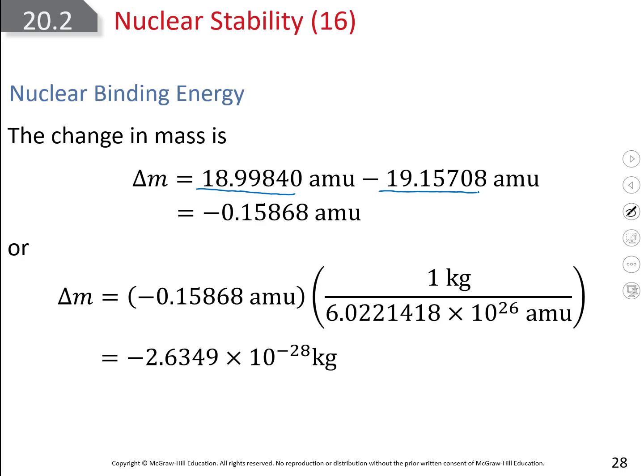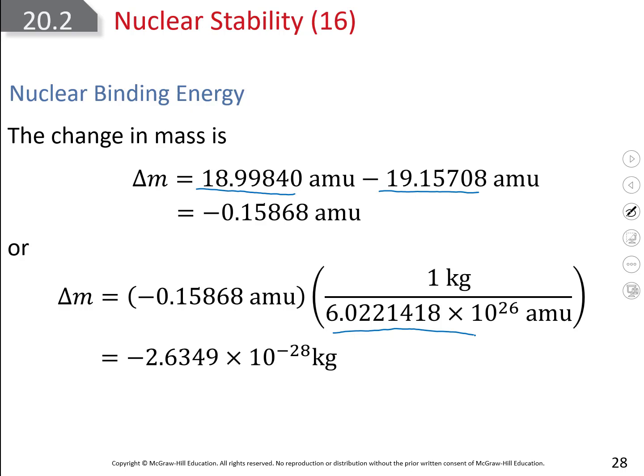We need to convert atomic mass units to kilograms because we need these things in SI units. There are 6.022 times 10 to the 23rd, or Avogadro's number, atomic mass units per gram. To go from grams to kilograms is 10 to the 3rd, so that's where this conversion factor comes from: 6.022 times 10 to the 26th atomic mass units per kilogram.